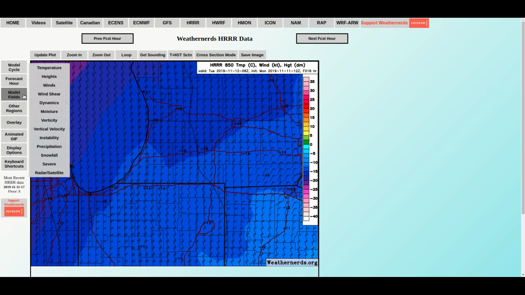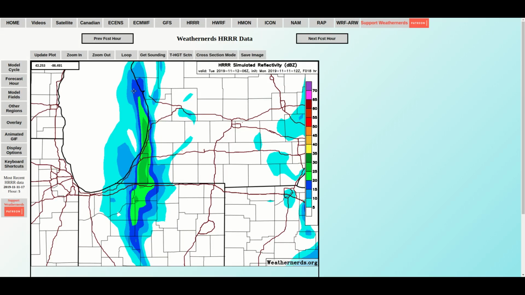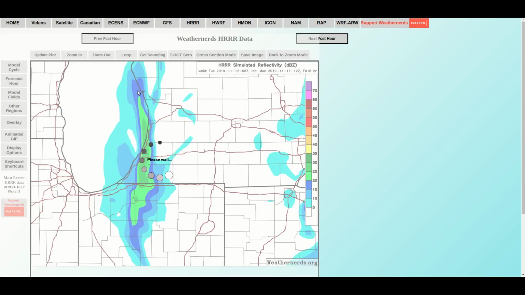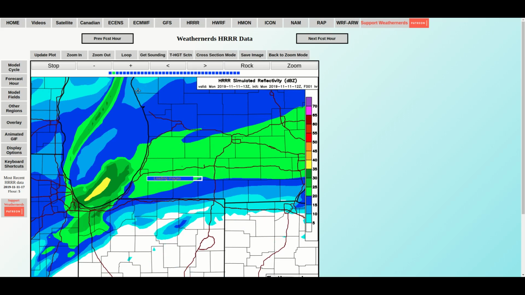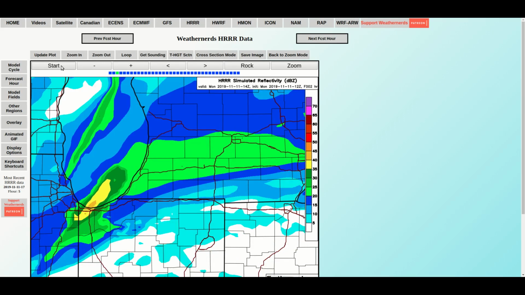So what we can do now is look at simulated reflectivity, see where that band is set up, and you can see sure enough there's that strong single band. And go ahead and put a loop of this on. Take a minute to generate those frames. You can see at the beginning, here's our synoptic event that's going on now.